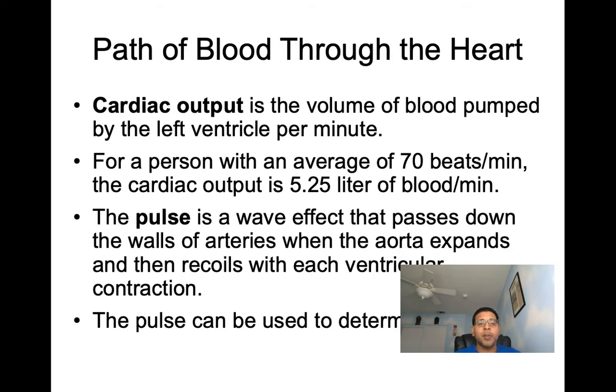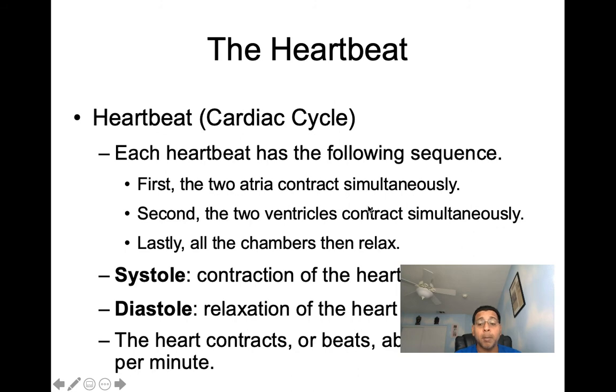Next, then, I'd like you to be familiar with the term cardiac output. Cardiac output is going to be the volume of blood that the left ventricle pumps per minute. So we can see for a person with an average of 70 beats per minute, the cardiac output is going to be about 5.25 liters of blood per minute.